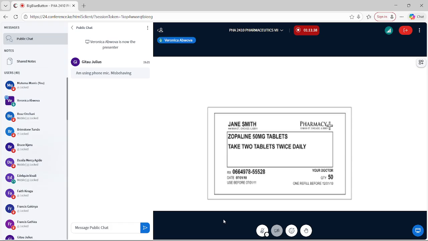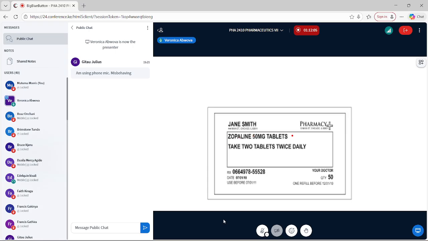Again, we have another label here. You can see the name of the pharmacy, the name of the patient, the name of the drug plus the strength, how the patient is supposed to take it. So that is another label. Patient, Jane Smith. Pharmacy, it's not visible there, but you can see there is a name of the pharmacy.